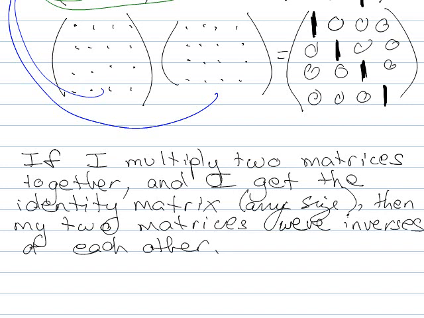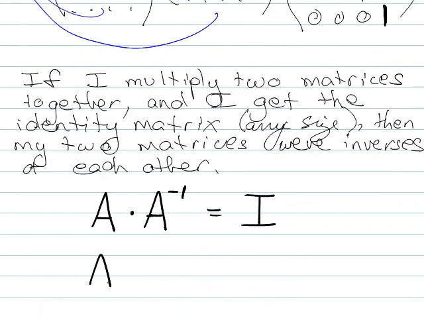And the way that we talk about it in notation is we say, well, if my matrix is A times its inverse, like your inverse function notation, it's the same thing for matrices. A times the inverse is the identity, and A inverse times the matrix is an identity. Okay?